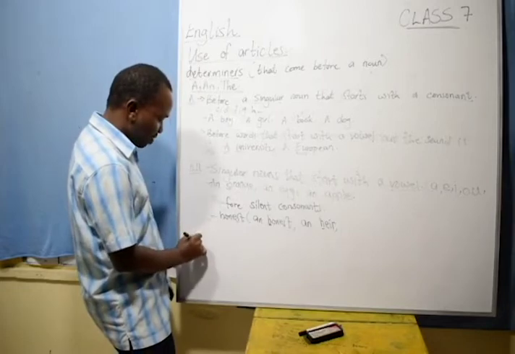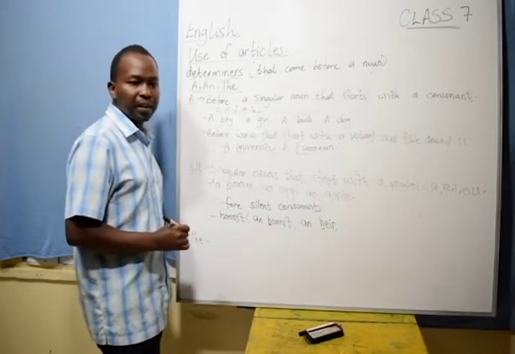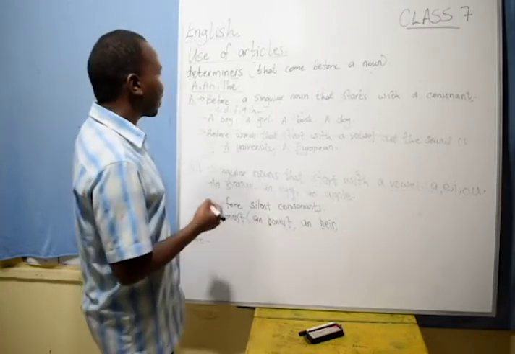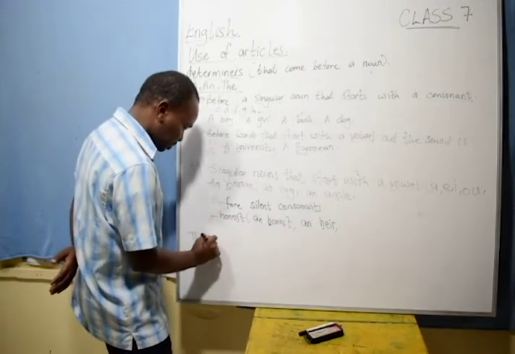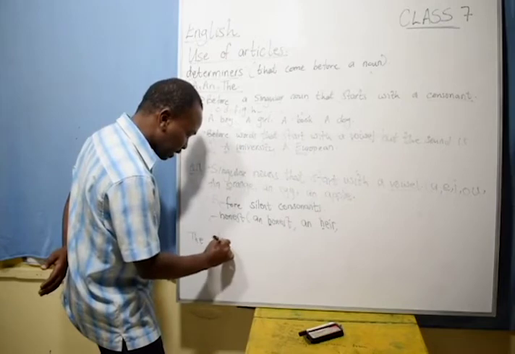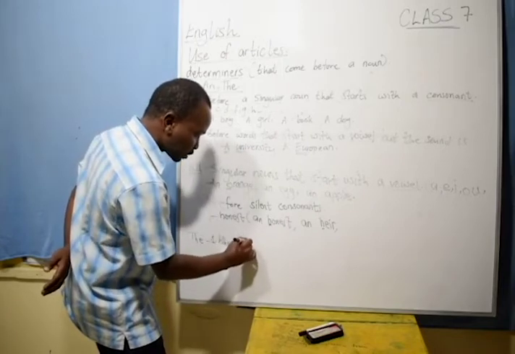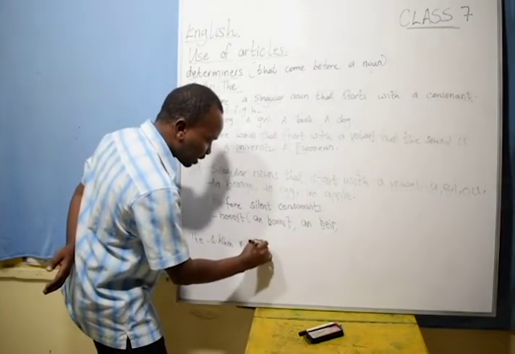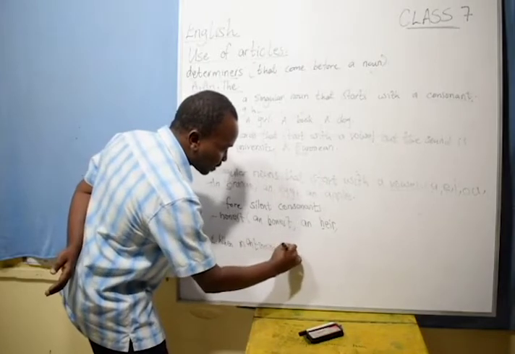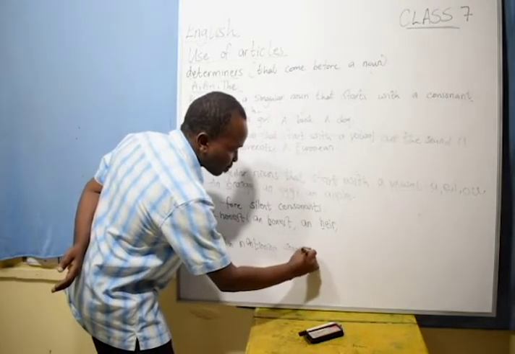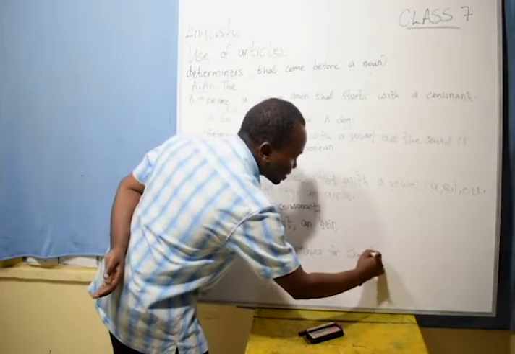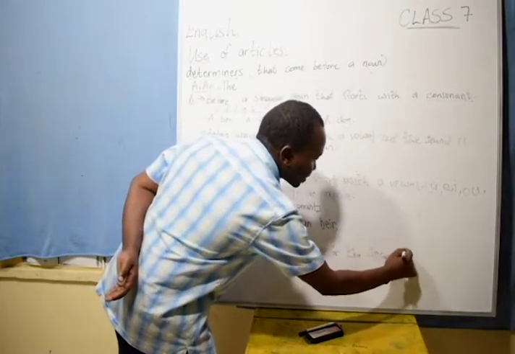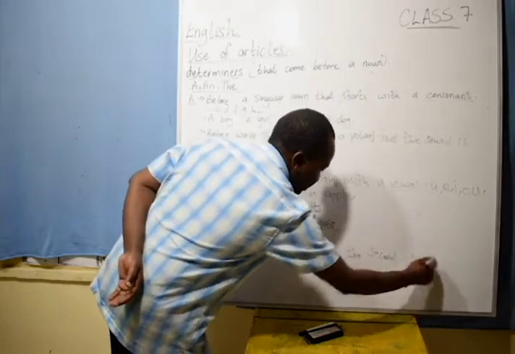Finally, we have article the. Article the is used in several ways. One of the ways is when mentioning something for the second time in a sentence.